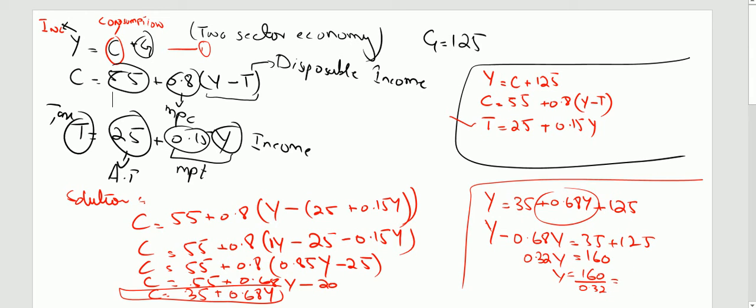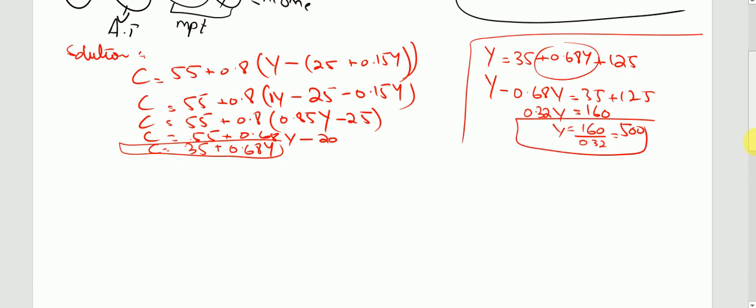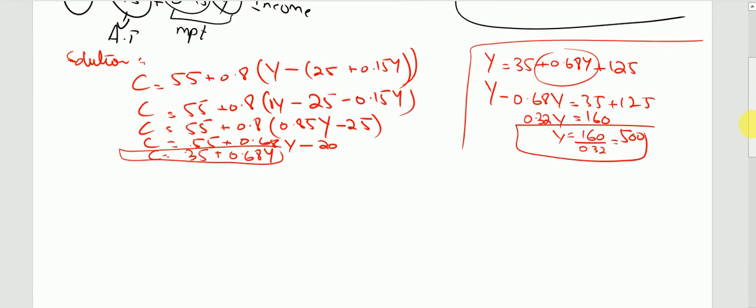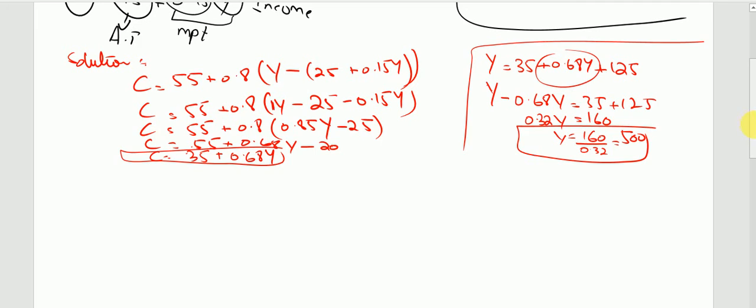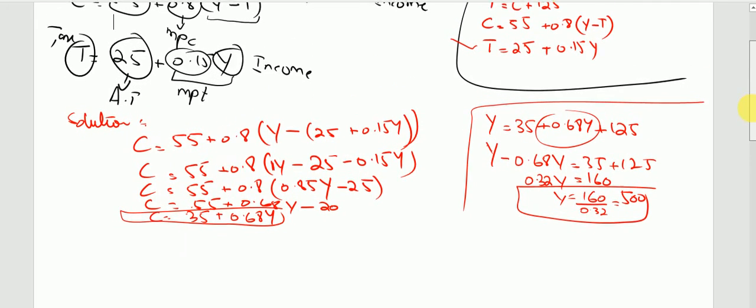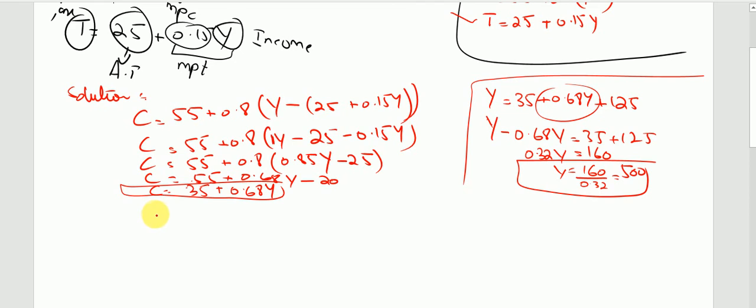And now what is the value we have? We have 500. So it means that y, our income, is 500. Now we put this income value into our second equation, which is c equals 35 plus 0.68y.